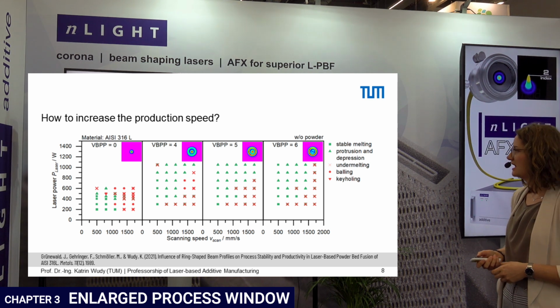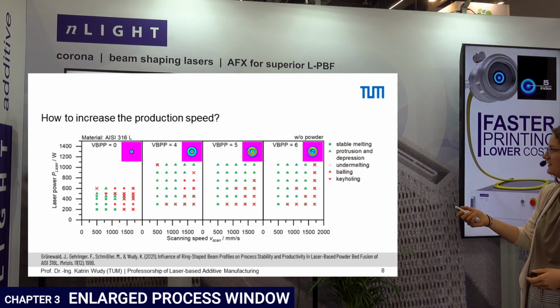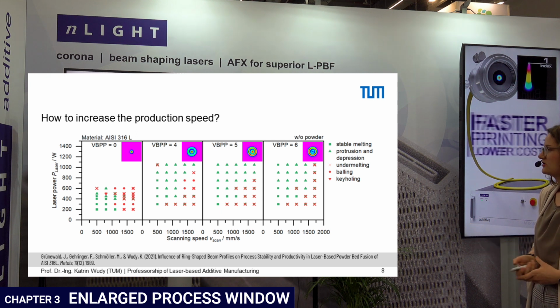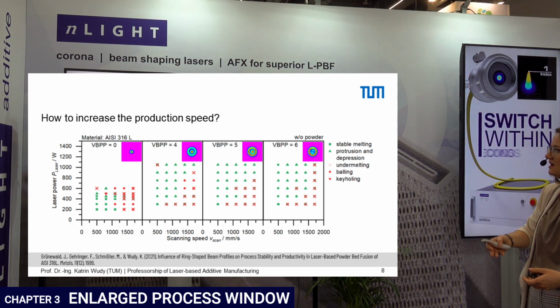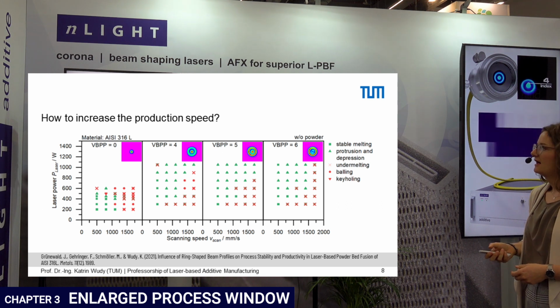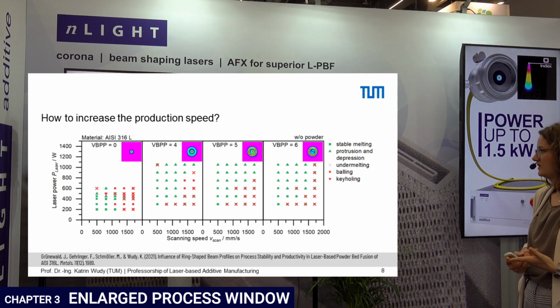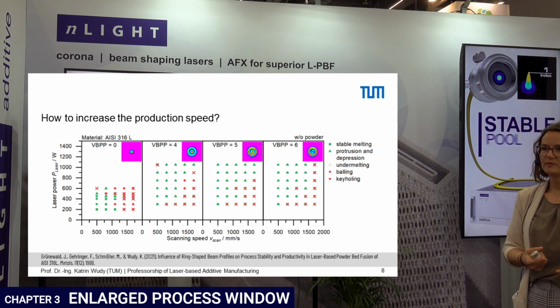If we look now at the other beam profiles, index 4, 5, and 6, you can see that you can increase the production speed, the scan speed, and you get a stable processing window even for these higher laser powers combined with the scan speed.